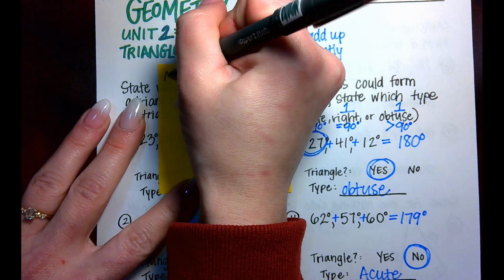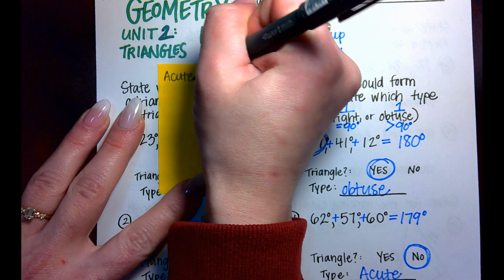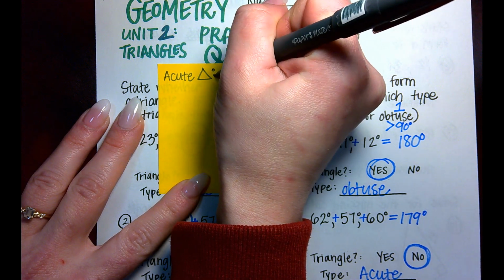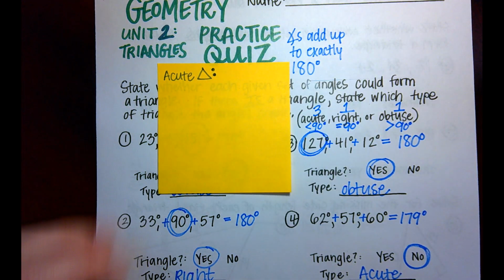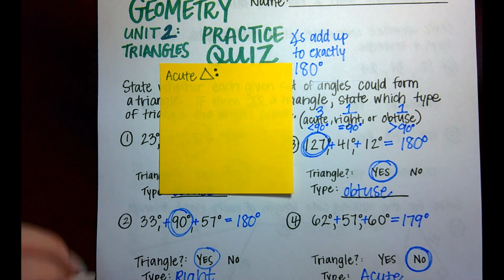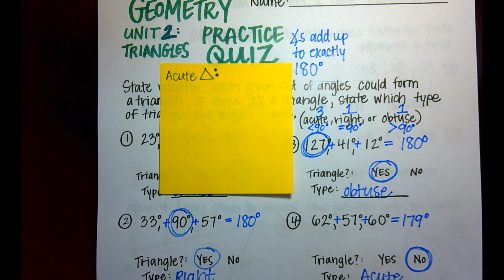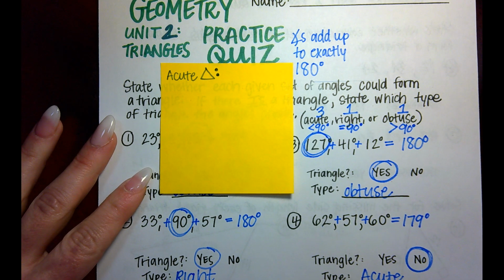So, acute triangle. What has to be true about the three angles for the triangle to be considered acute? All three less than 90?